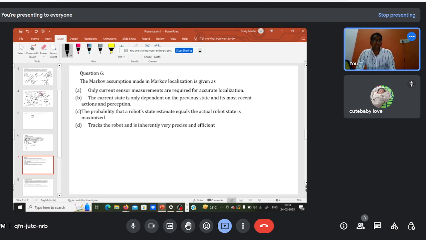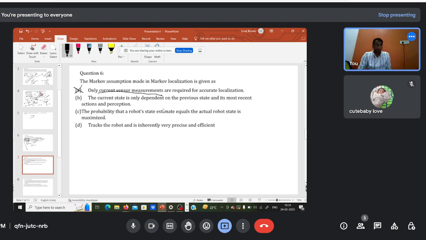Or the probability that a robot state estimate equals the robot's actual state is maximized, tracks the robot and is inherently very precise and efficient. See, here if you see only current sensors are measured for accurate localization, that is wrong. Because then what is the point?